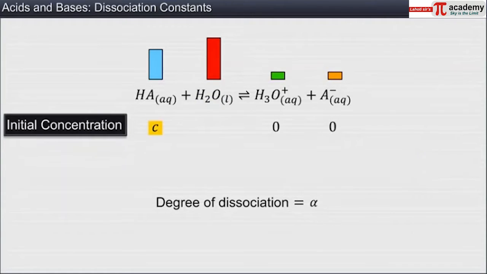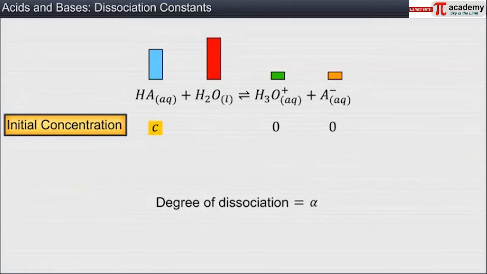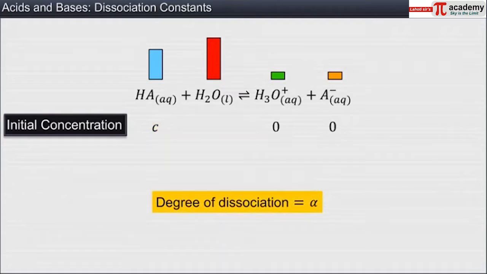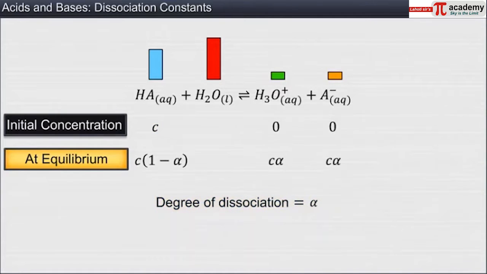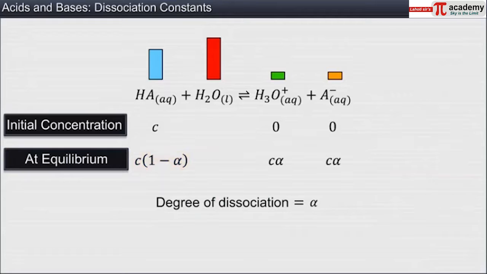Let C moles per liter be the initial concentration of weak acid HA, and let alpha be its degree of dissociation. At equilibrium, the number of moles of the reactant will be C into 1 minus alpha, and that of the products will be C alpha and C alpha respectively.